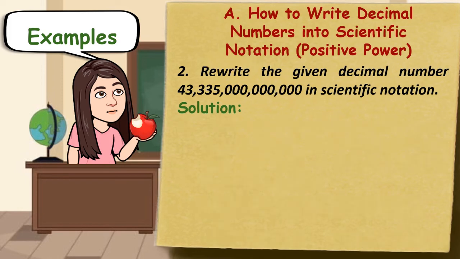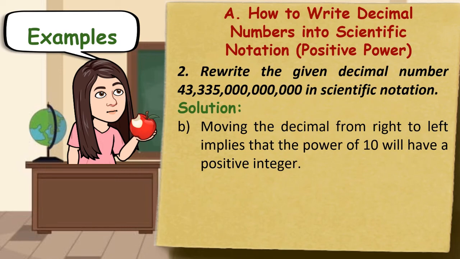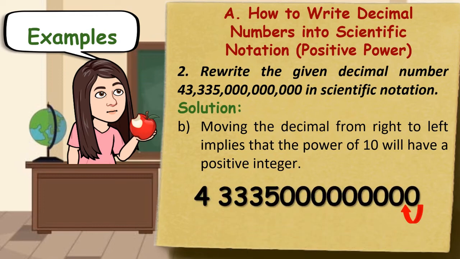Moving the decimal from right to left implies that the power of 10 will have a positive integer. From the original location going to the new location, we will count 13 decimal places to the left.